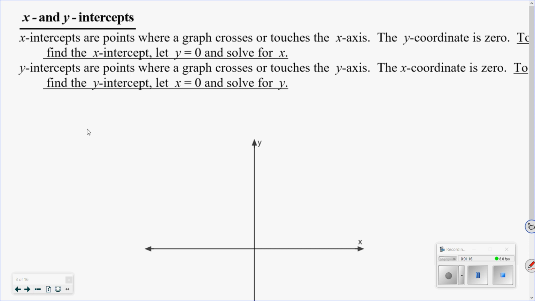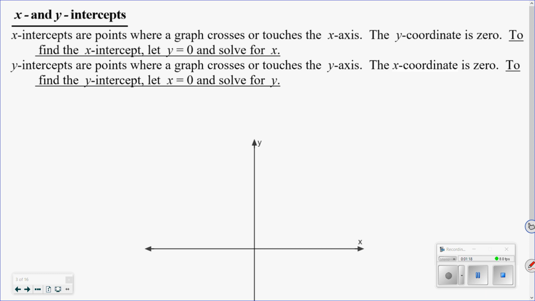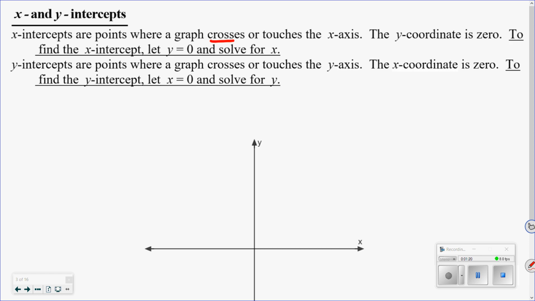That's an important thing right now: it's not only crosses, but it also touches. The y-coordinate is 0, so when you go to find the x-intercept, you let y equal 0 and solve for x. The y-intercept is where the graph touches or crosses the y-axis. In that case, you put 0 in for x, and then you solve for y.